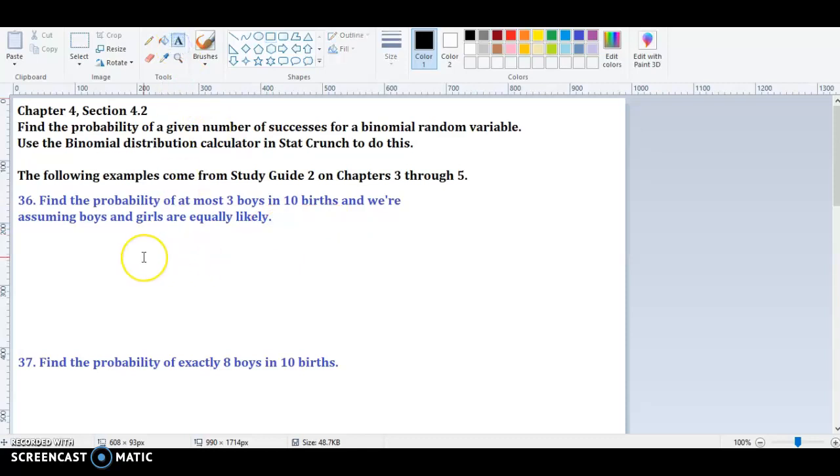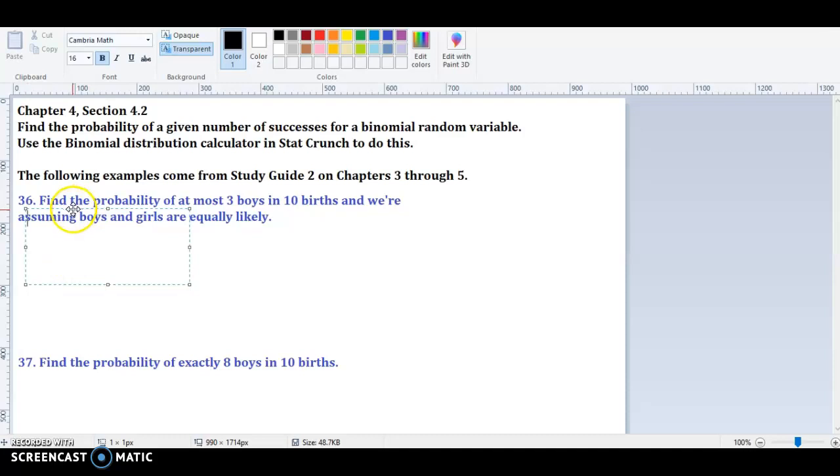Boy and girl are the only 2 outcomes, and the 2 outcomes are equally likely. We're focusing specifically on getting a boy. So the question is, what is the probability of a boy? The probability of a boy is our probability of success. Since they're equally likely, the value p, which represents probability of success, is going to be equal to 1/2.